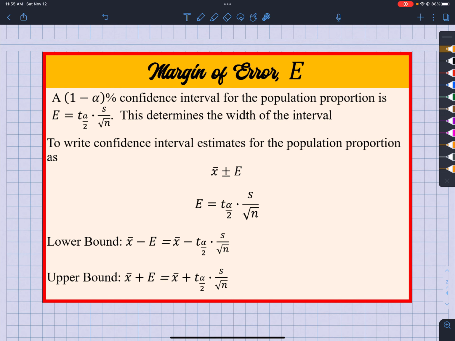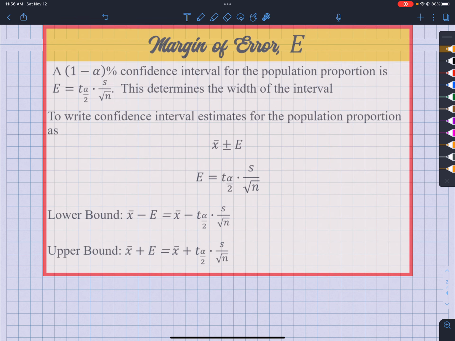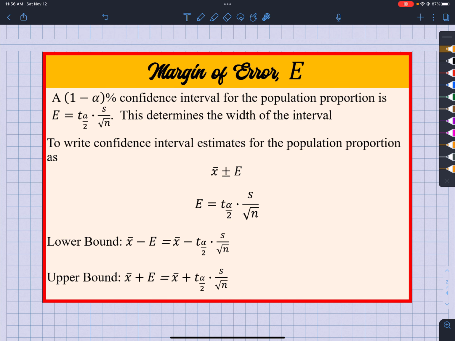The only change here is, now look at E. E is still the t of alpha divided by 2 times the standard deviation. Remember, the standard deviation changed to standard deviation divided by the square root of n, right? So we still have the same exact thing, except the so-called standard deviation now is not with the point estimate.